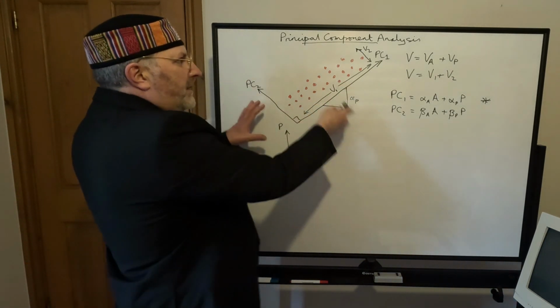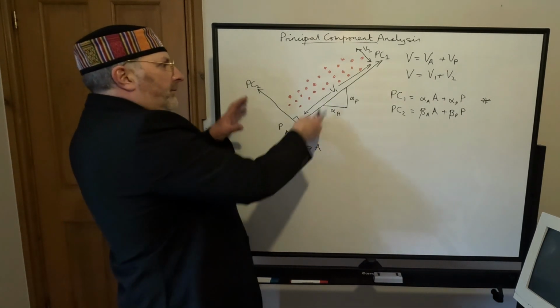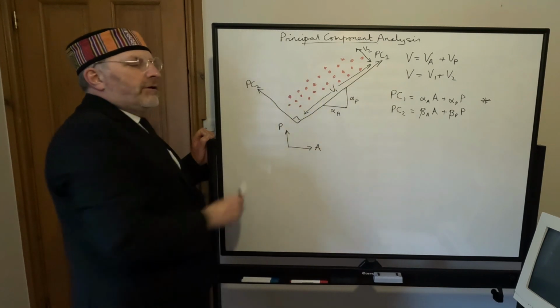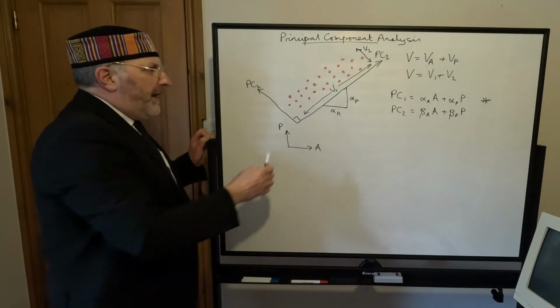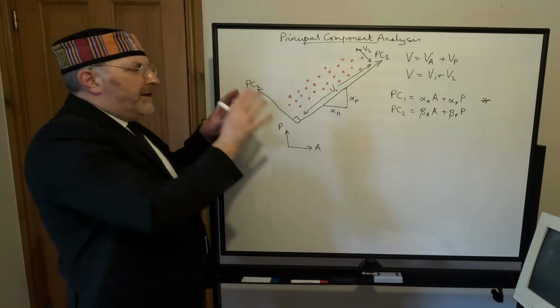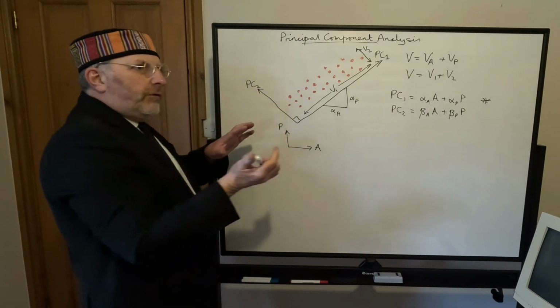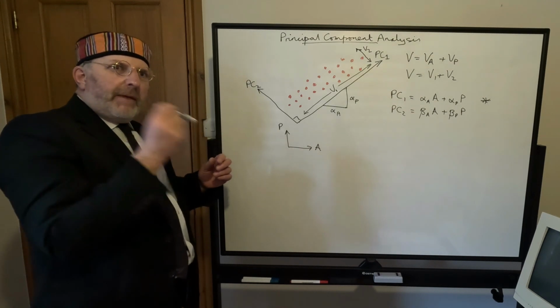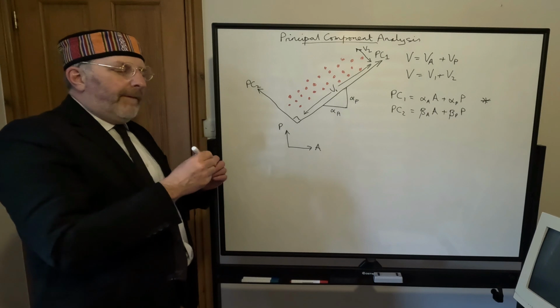So we kind of rotate the axes to point the first axis in the direction of maximum variance. And then having established that, we can rotate still to point the next axis in the direction of the maximum of the remaining variance.